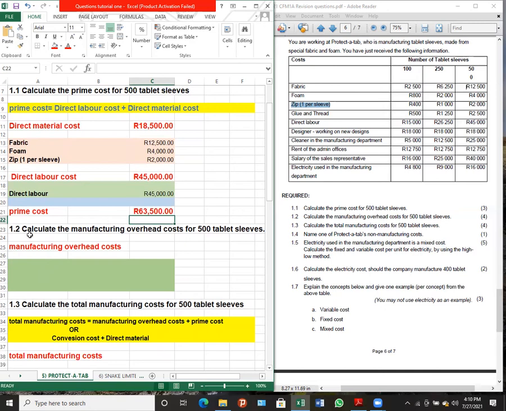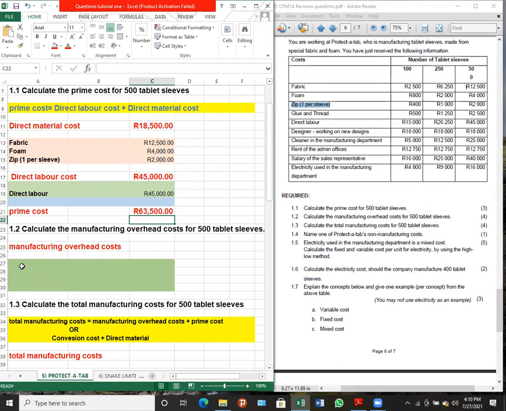We have been required to calculate the manufacturing overhead cost. What is the manufacturing overhead cost? This is a revision. Does anyone want to give me the formula to calculate the total manufacturing overhead?